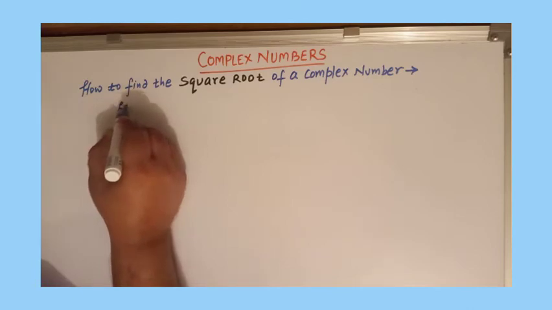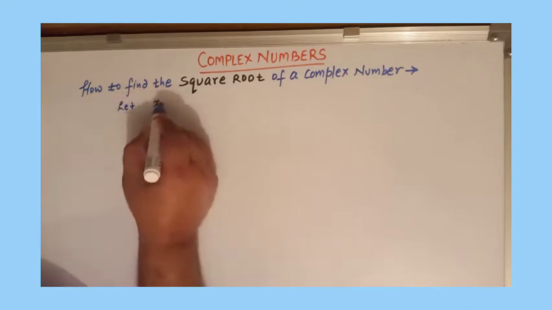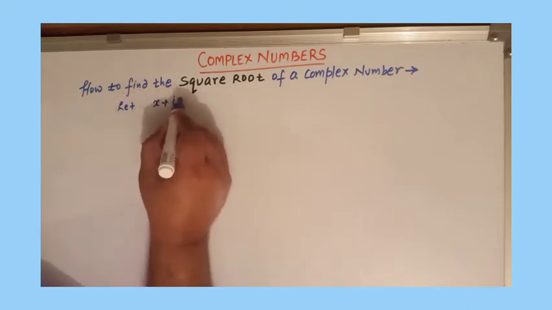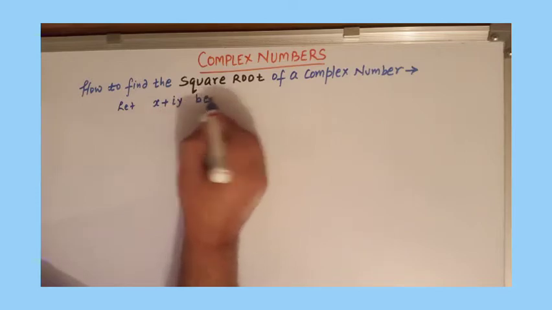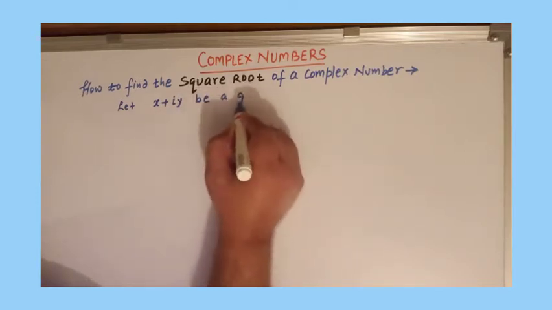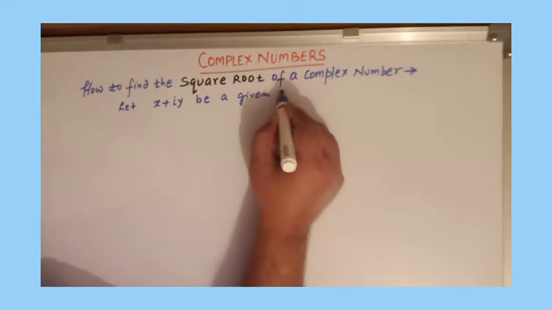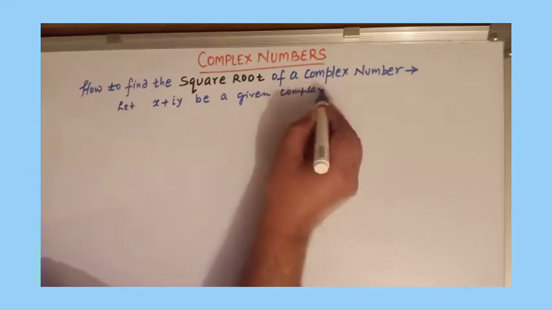Let x plus iota y be a given complex number. Clear?